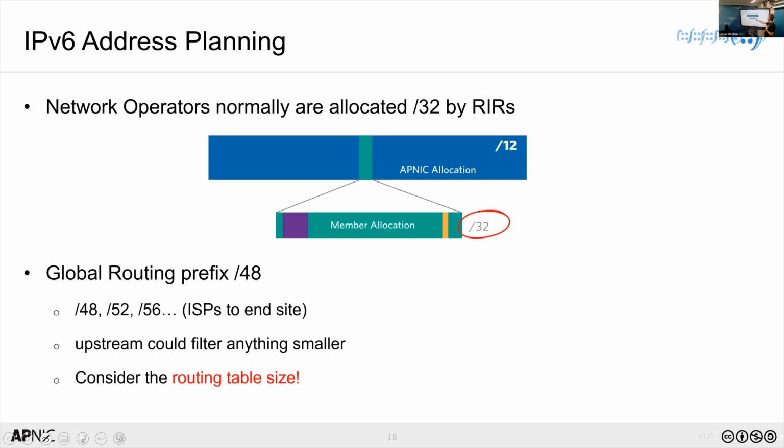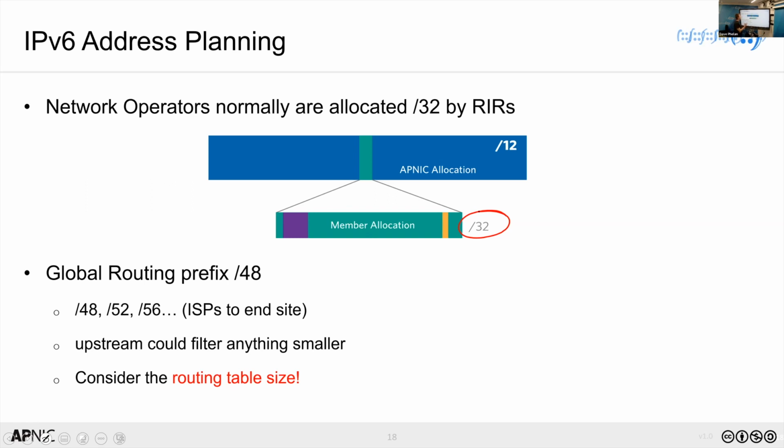So we will generally reserve up to about a /27 worth of space, so that when an ISP grows, and we actually had an incident of a member who had gotten a /28. What's that? 2, 4, 8, 16 /32s. They came to us and said, hey, we've got a use case where we want to allocate /48s to everybody because we want to make our addressing and routing easier. And we gave them a /27. So they now have 32 /32s.